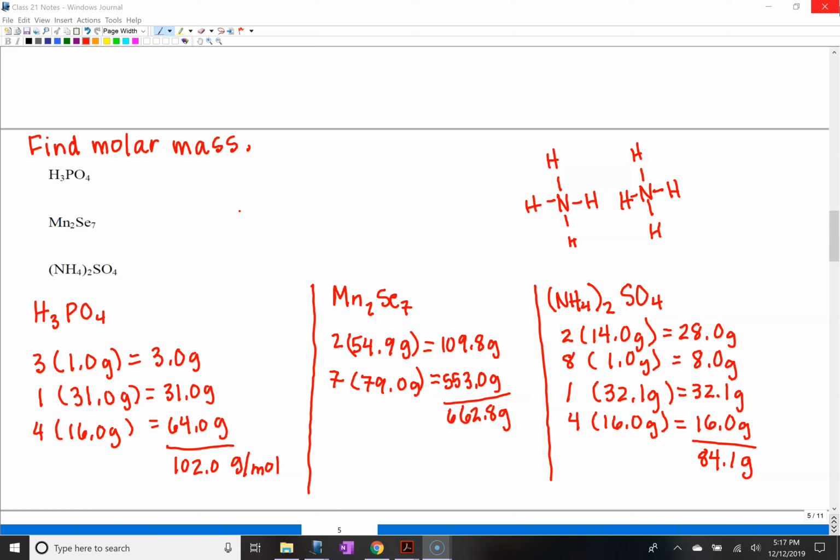And the 4 oxygens each have a mass of 16 grams, which is going to give you a mass of 64 grams from oxygen.